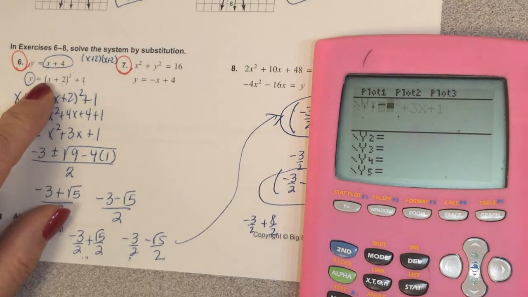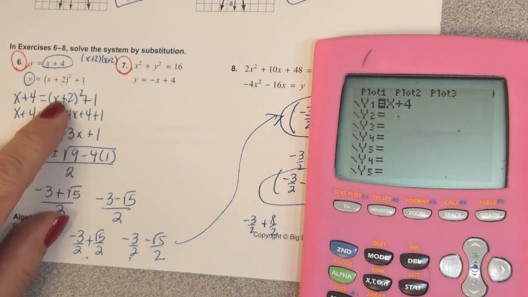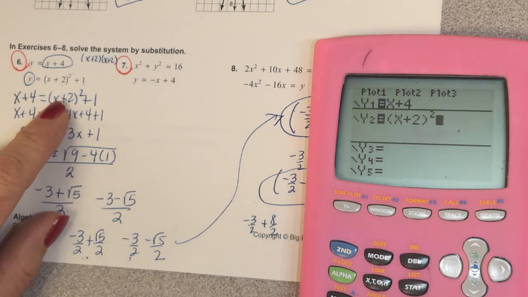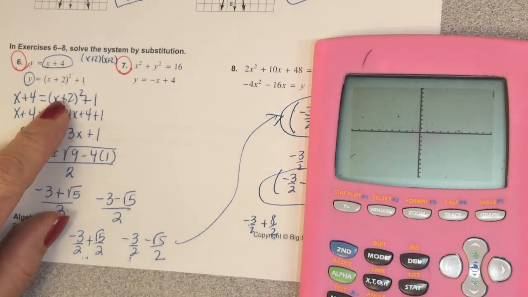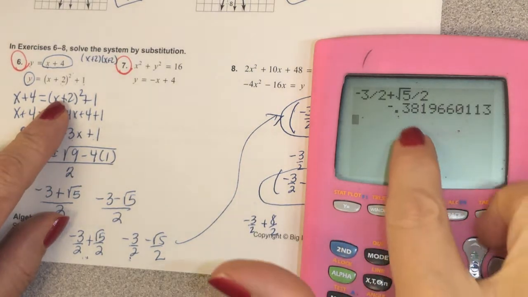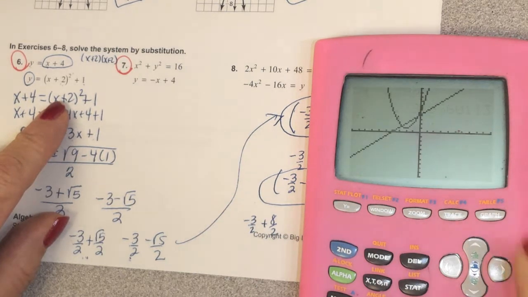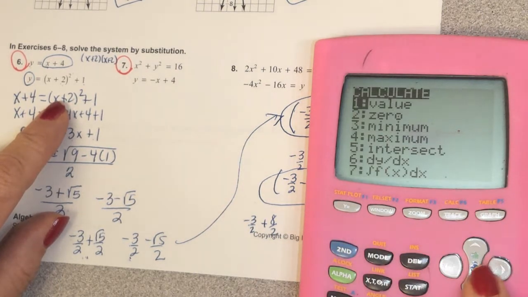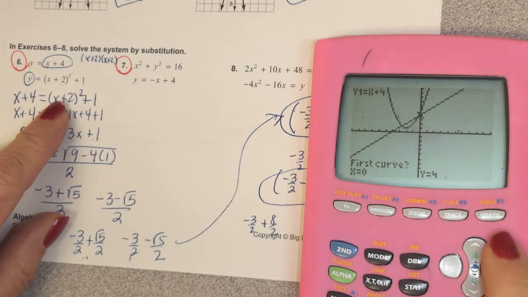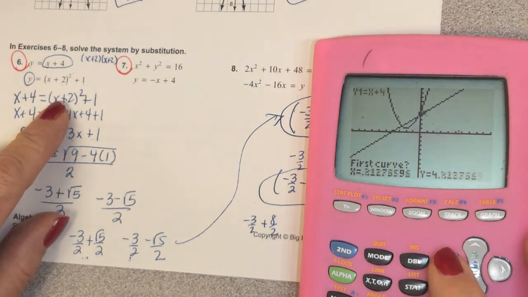I'm going to put in y equals x plus 4, and I'm going to put in this one. All right, I'm going to graph it. And we think that they're supposed to intersect at that x value that I told you about. What was that again? Negative 0.38. So now we're going to see if that is the case. I'm going to do second trace, calculate, intersect. I'm going to get close to it.